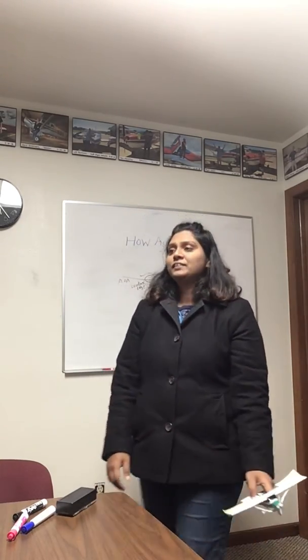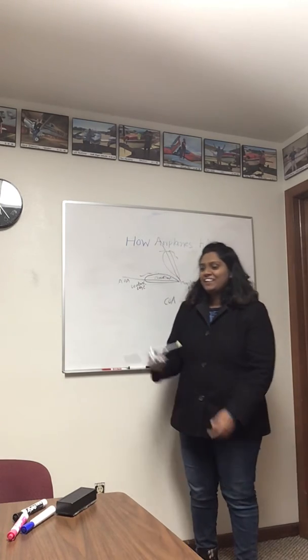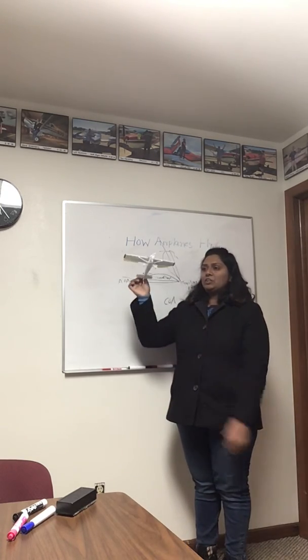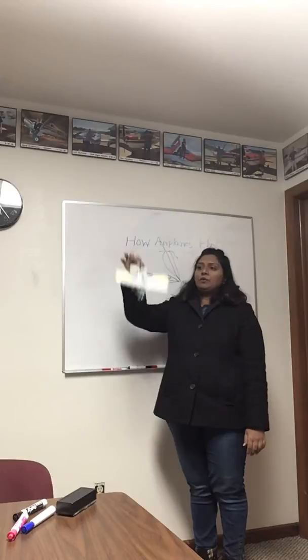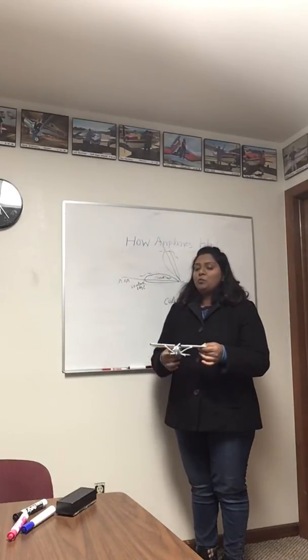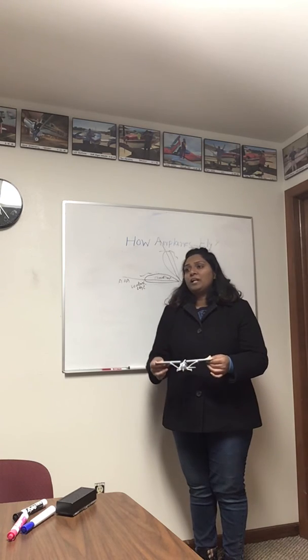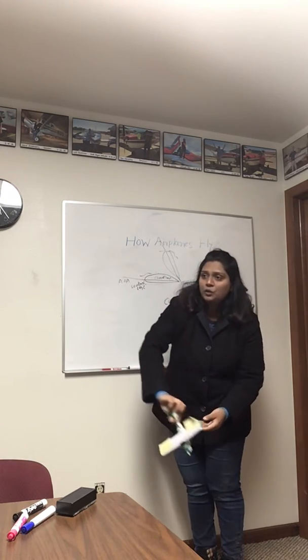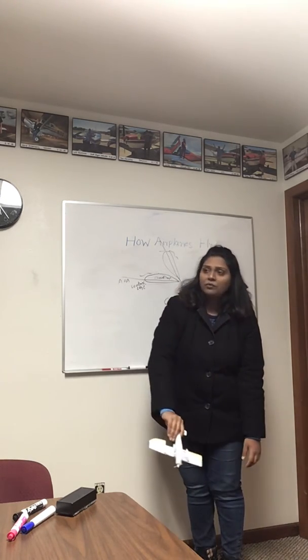Then we have an interesting thing, which is a spin. Do you have any idea what a spin is? No idea. Okay, so basically a stall is when you're not producing lift, you're going down. A spin is when one wing stalls more than the other, which causes rotation, and you go right into the ground.